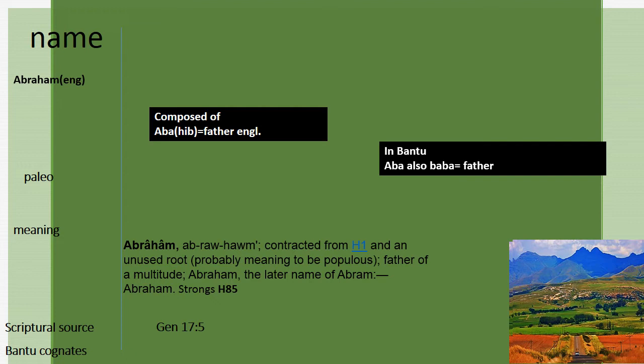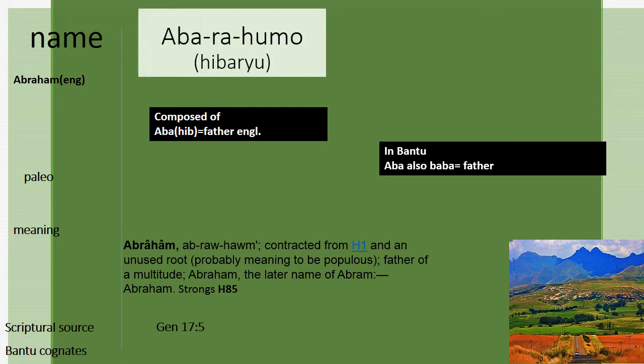Let's break down this compound name, this compound word, and see how it was formed. We are not going to use English translation. We're going to use Hebrew. Now, how was this word formed? This word in Hebrew, when broken down, is broken down into 3 separate objects. One is Abba, which means father.